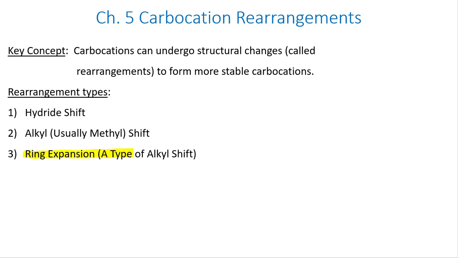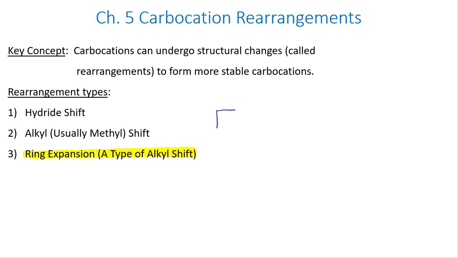The last type of rearrangement, the ring expansion, is technically an alkyl shift, but it looks different enough that we're going to give it its own designation. And this is definitely the trickiest type of rearrangement to visualize.